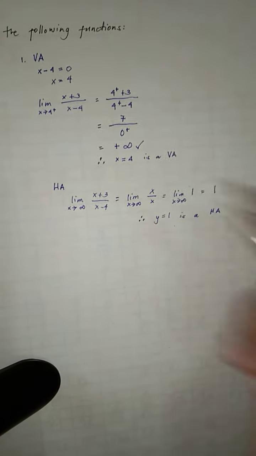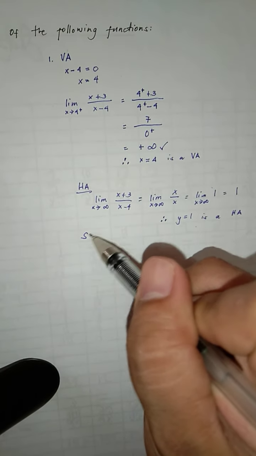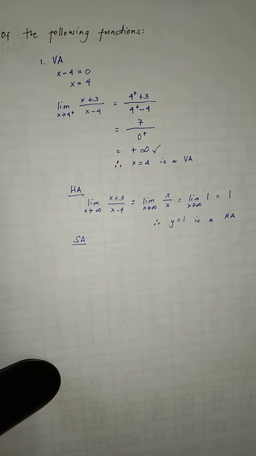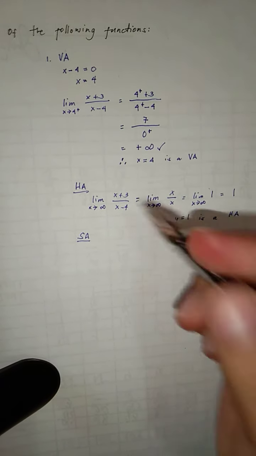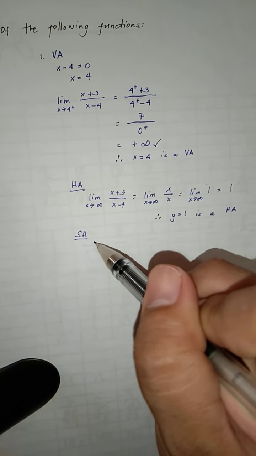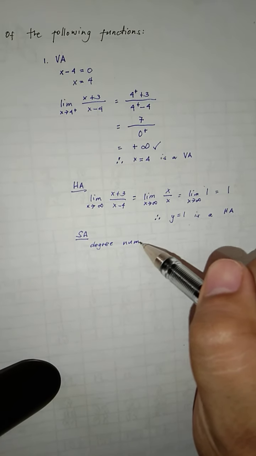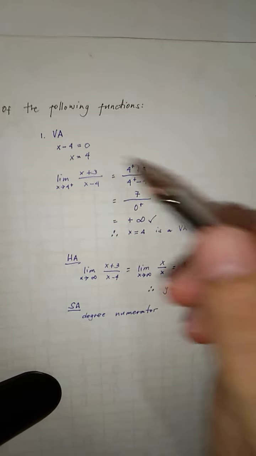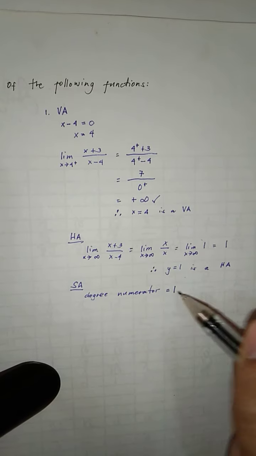Next, how about the slant asymptote? For the slant asymptote, we need to first check the degree of the numerator and denominator of our rational function. In our numerator, we have x raised to the first, so the degree of the numerator is 1.